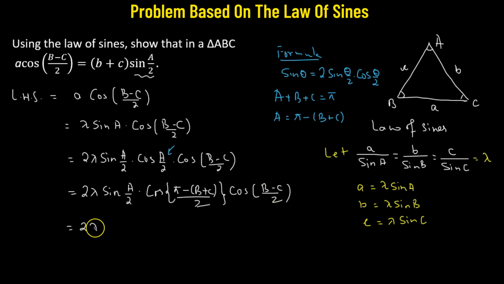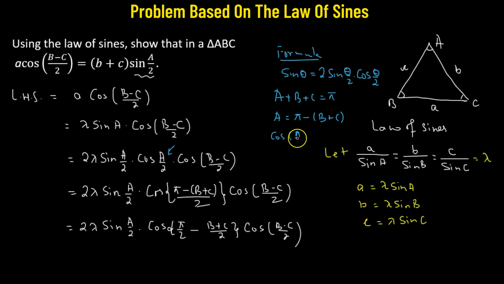Let's further manipulate. So we have 2 lambda times sine A over 2 times cosine of (pi over 2 minus (B plus C) divided by 2) multiplied by cosine of (B minus C) over 2. Now we know for a fact that cosine of (pi over 2 minus theta) is equivalent to sine theta.